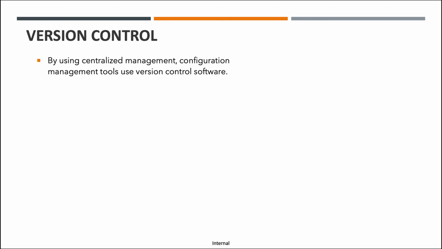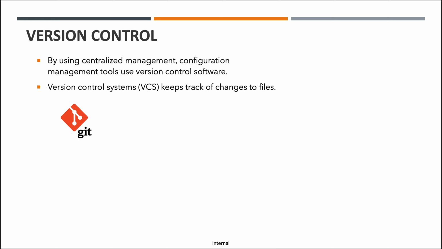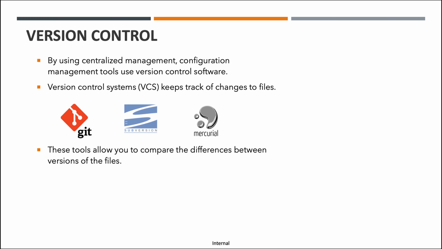Version control software or VCS are software tools that help manage changes to files by keeping track of different versions of the files, who made the changes, and when the changes were made. Some common version control systems include Git, Subversion, and Mercurial. These tools allow you to compare the differences between versions of the files.